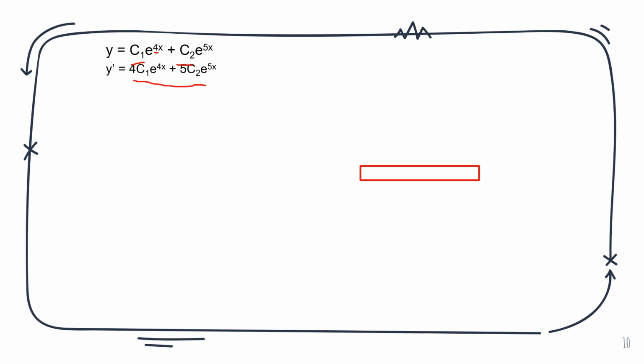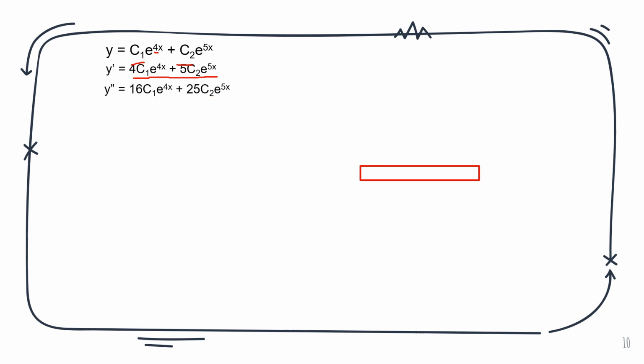Makuha natin itong value na to. y prime is equal to 4 times c1 times e raised to 4x plus 5 times c2 times e raised to 5x. So, nakuha na natin ang first derivative. Kukunin pa uli natin ang second derivative using the first derivative.